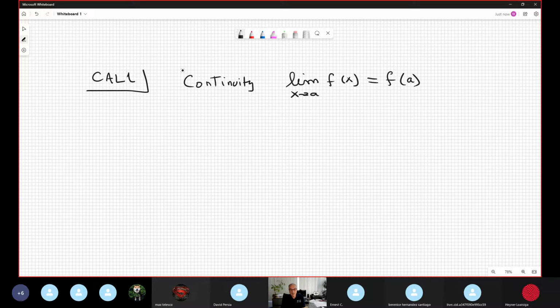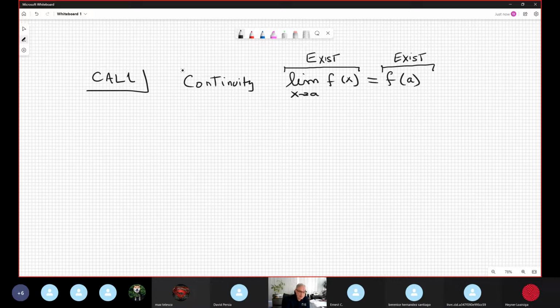Basically, behind this definition, we have two things. Number one, the limit exists. Sometimes it fails. Second, the function exists. And both are equal. There are a lot of examples or counter-examples that do not satisfy this condition. I suppose you study in detail in Cal 1.